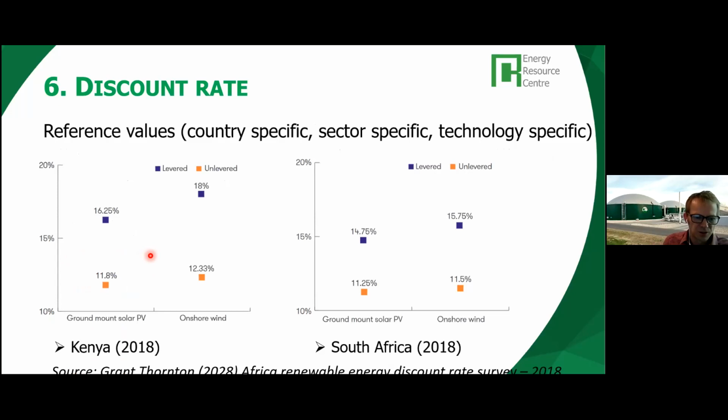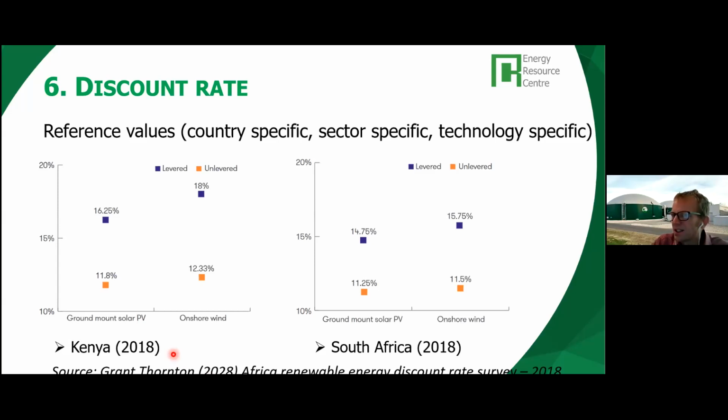Another option for choosing a discount rate is to start looking for reference values. By looking for this, I found a survey document. Let's see, the date is incorrect. I'll correct that later on.